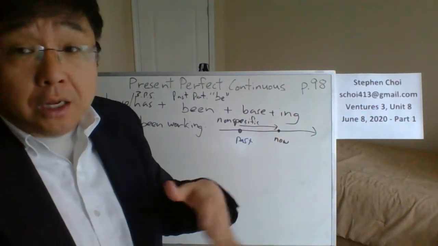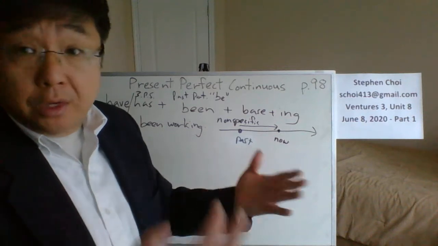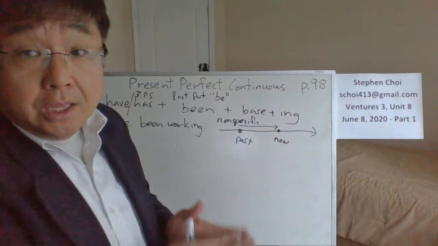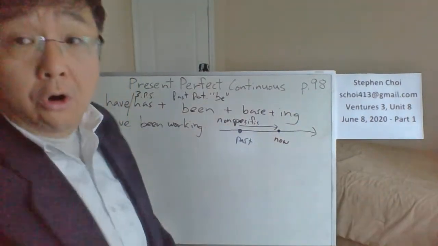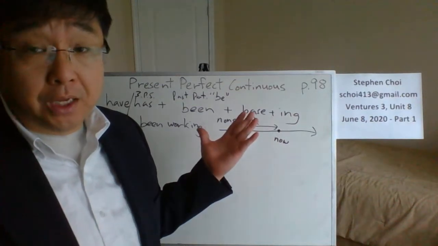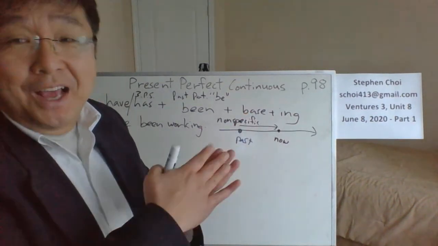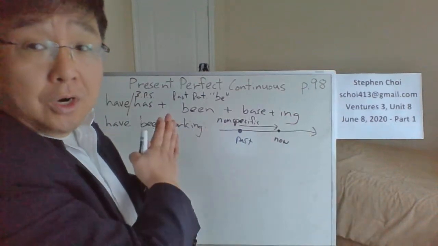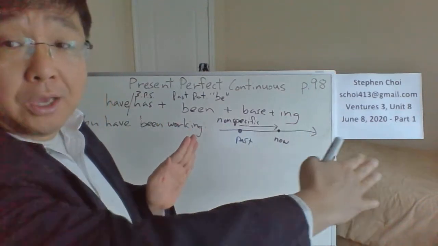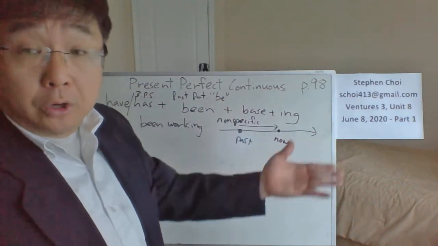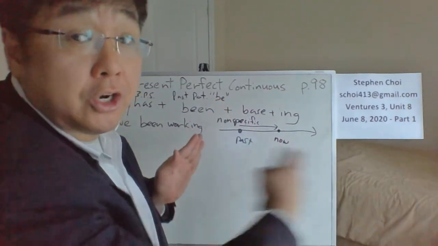So if you've been working at home since 10 o'clock this morning, and you've been continuing to work, or if you've been working at a job for 10 years, in the long term it means you didn't quit that job. You were continuously employed. You were continuously working for that business or organization for the last 10 years without a break.